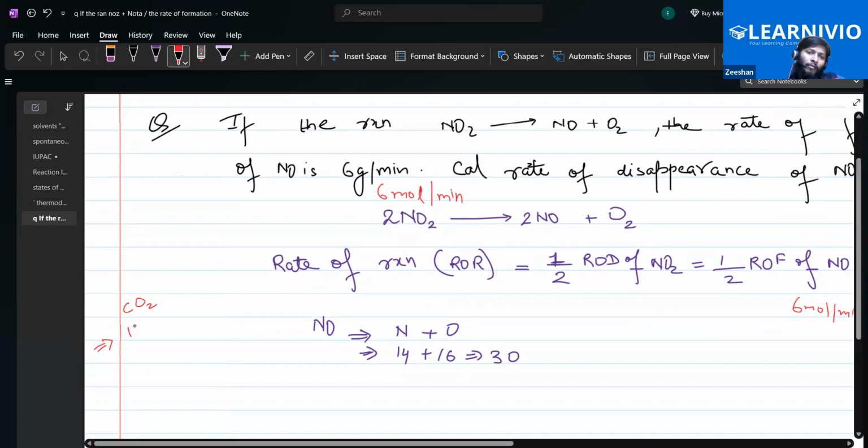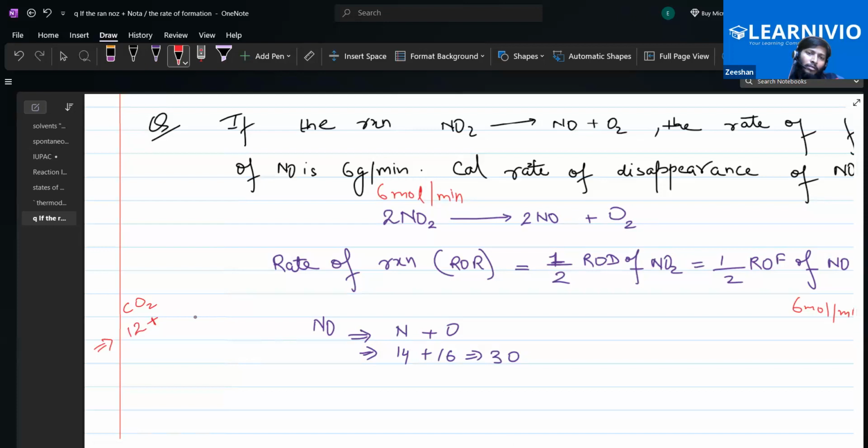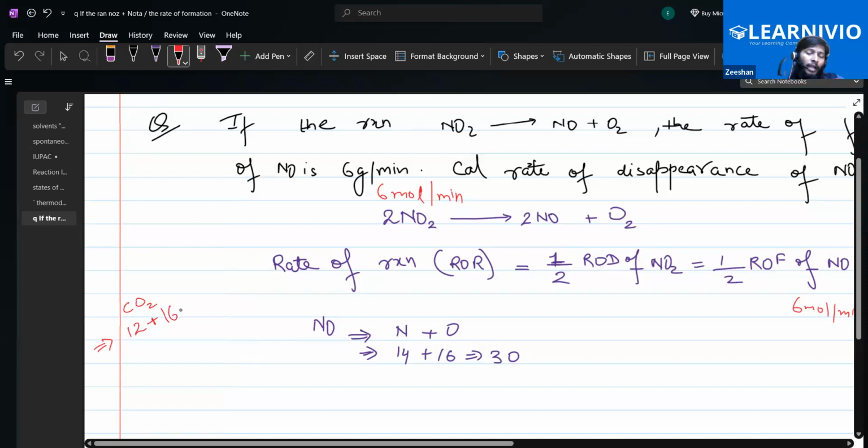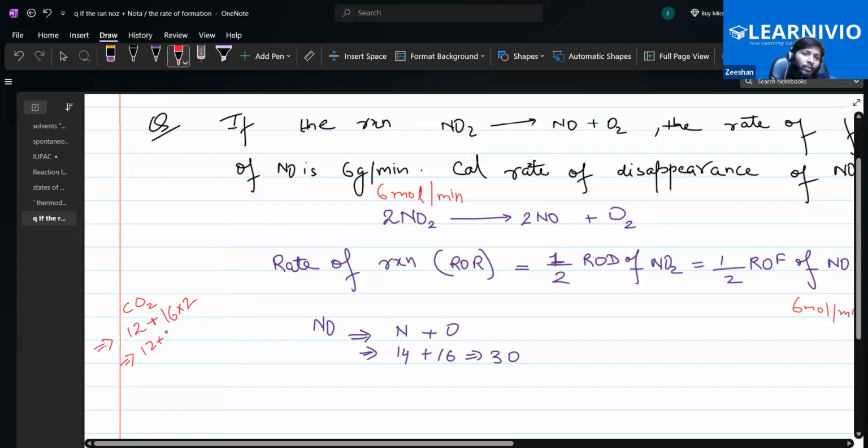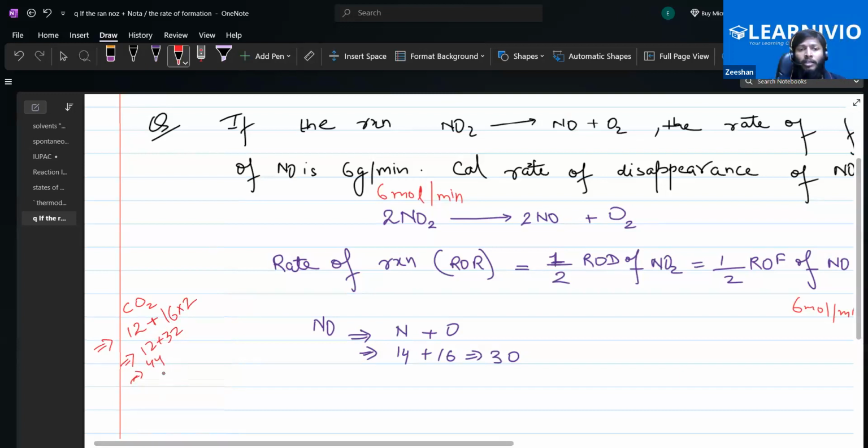The atomic mass of oxygen is 16, and we have 2 oxygen, so we will multiply it by 2. So 12 plus 32, we will get 44. So this is the way to take out the molecular mass of any compound.